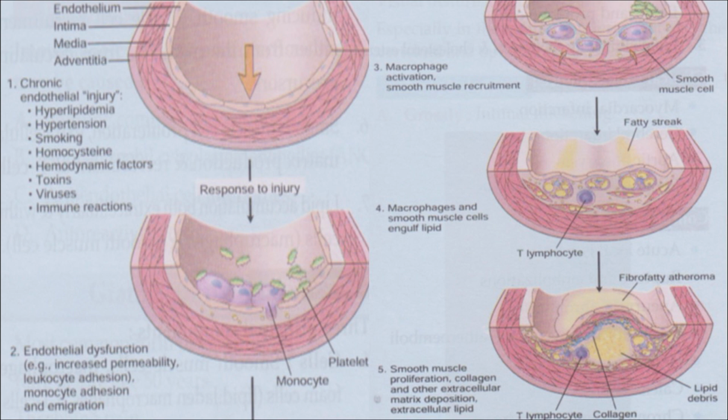Then smooth muscle proliferation, collagen and other extracellular matrix deposition, and extracellular lipids, along with infiltration of T lymphocytes, lead to the atheromatous plaque.